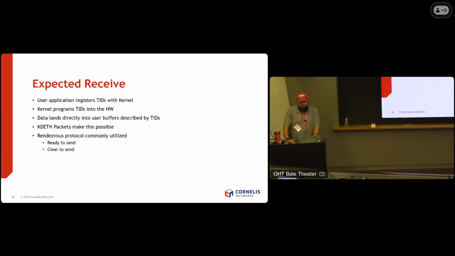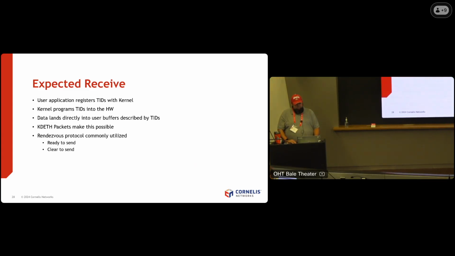The other way of receiving data is what we call expected receive. This is the TID, or the tagged identifier, and basically this is your actual direct data placement. This is where you get the RDMA from.